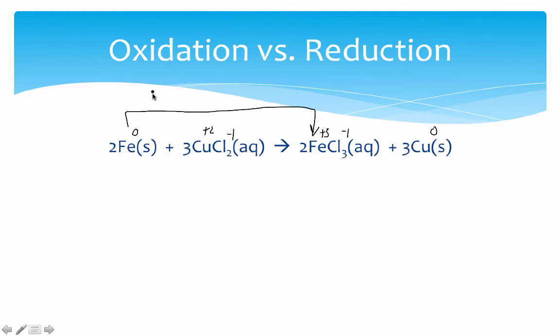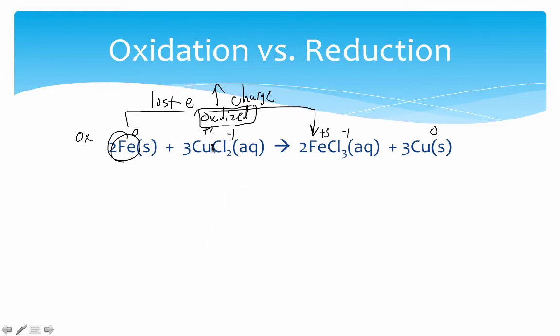This means the iron has lost electrons, it has increased its charge, and as you recall from before, elements that lose electrons are oxidized. So we've identified in this chemical reaction that the element iron has been oxidized.